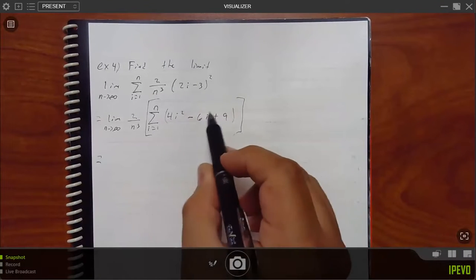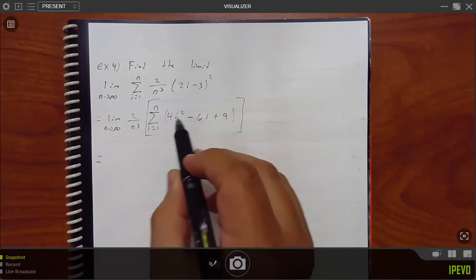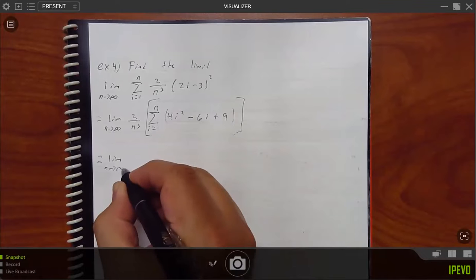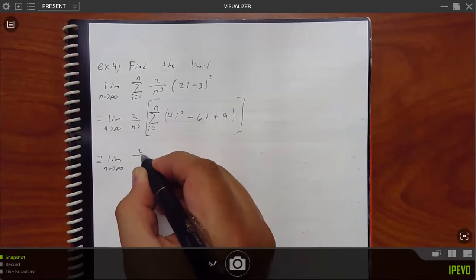Okay. So now let's separate each of these by the summation and start applying the formulas. Once the formulas are applied, we'll then take the limit.